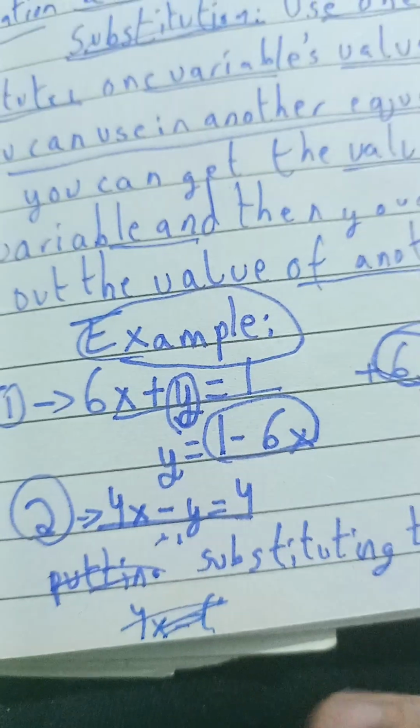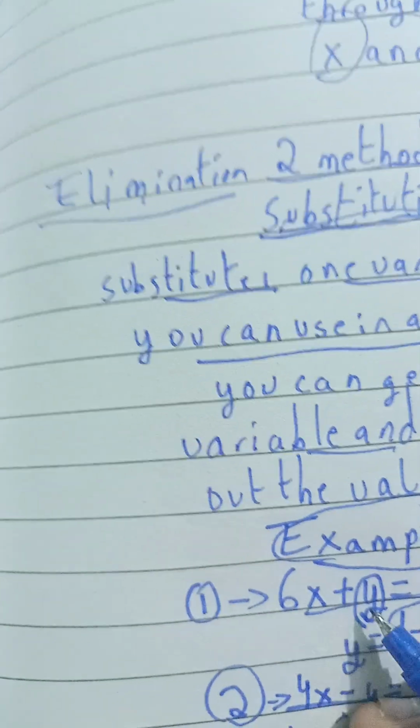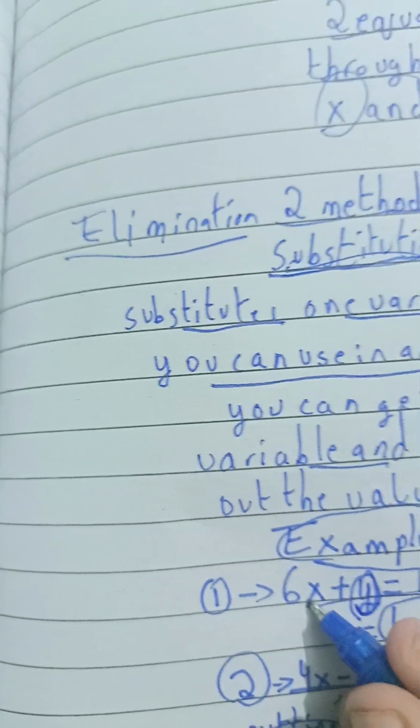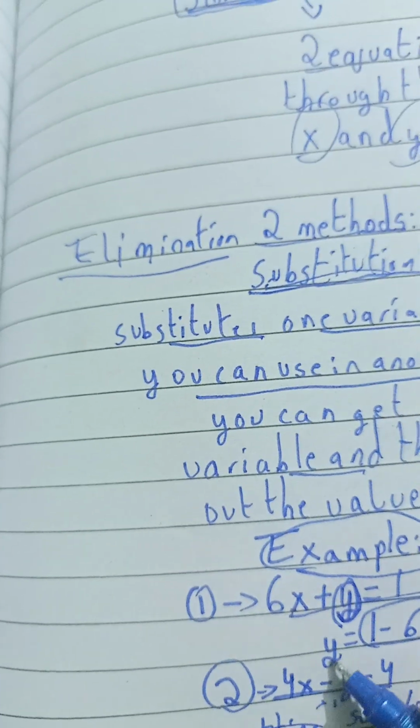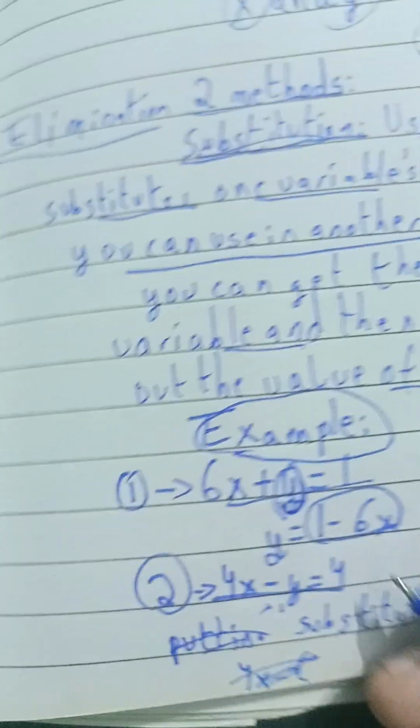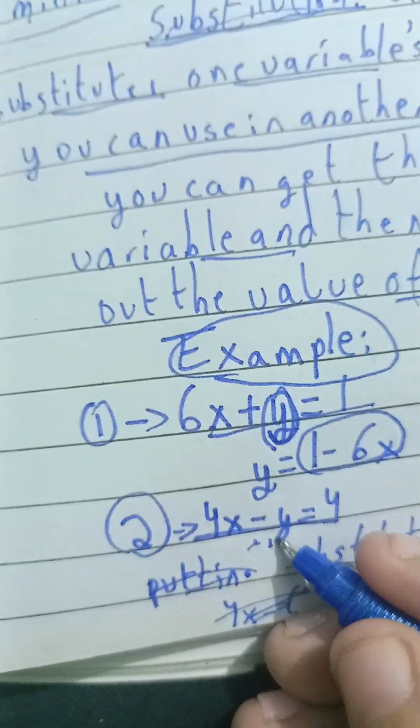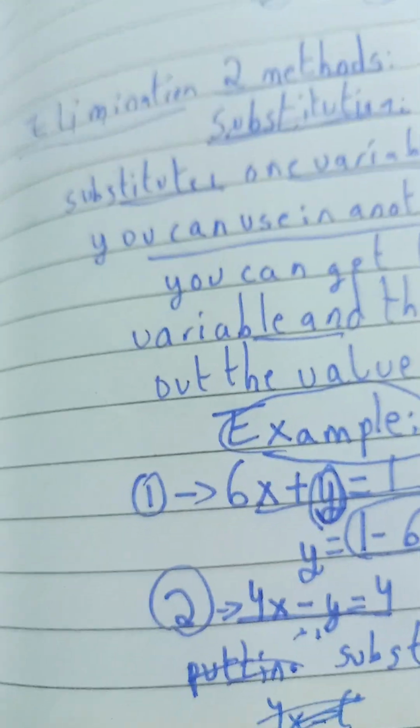Now we have found the value of y, which was 1 minus 6x. We found it using the first equation, and it was 1 minus 6x. Now we would be putting it here, 1 minus 6x. So let's substitute it.